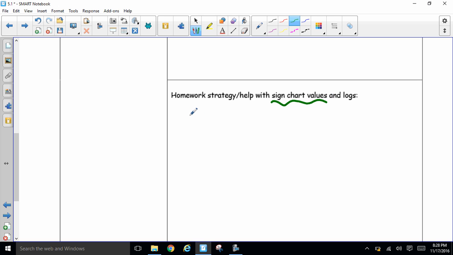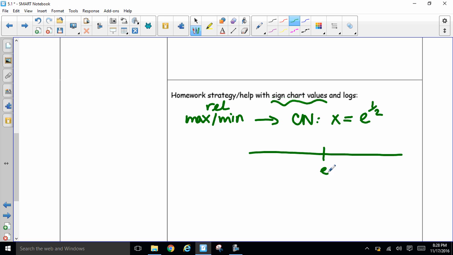So say that you are trying to figure out max, min, relative max, min, and you come up with a critical number of x equals e to the, I don't know, 1/2, because you have to square root it or something. So then you put e to the 1/2 here. But say you have no idea what that is as a decimal necessarily. So you can't just eyeball it and guess.